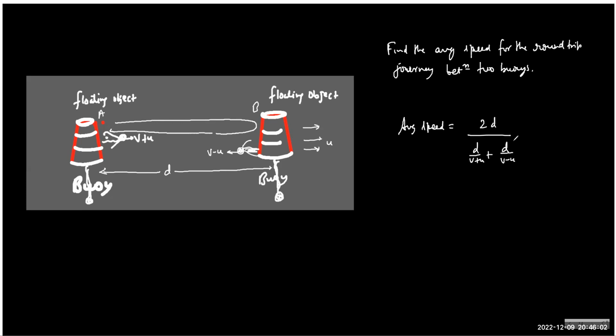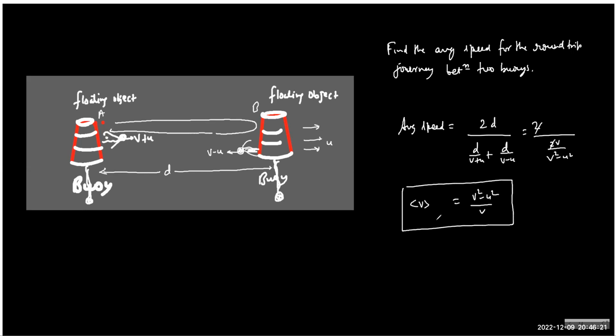Yeah, so 2 will also come now. So the answer is 2d upon d times 2v over (v minus u)(v plus u), so it's 2v. Yeah, correct. So the answer is correct: (v square minus u square) by v. I hope everyone has got this answer. A very simple answer.